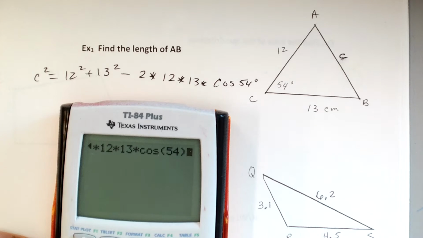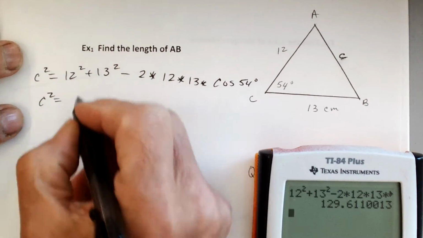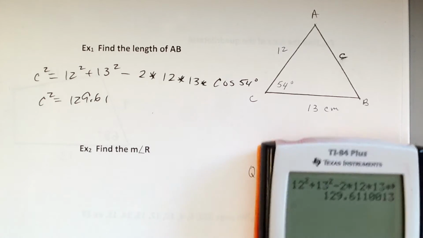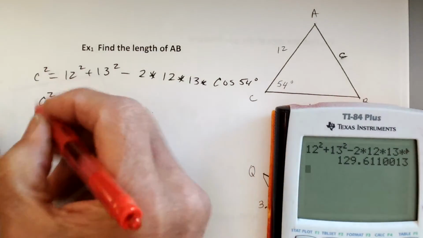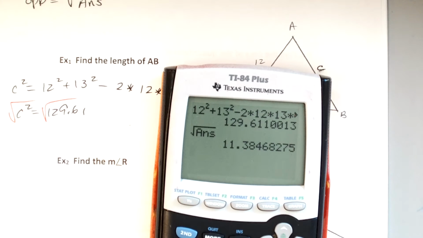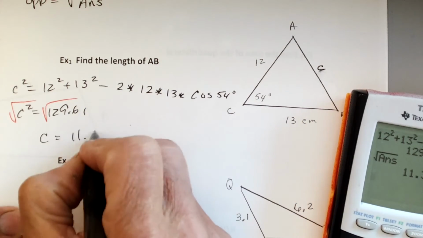Boom. Now I've got C squared equals 129.61 blah, blah, blah. Of course, then I'm just going to take the square root of that answer, and the answer button makes it faster, and I will get the value of C. About 11.4. So C is about 11.4.